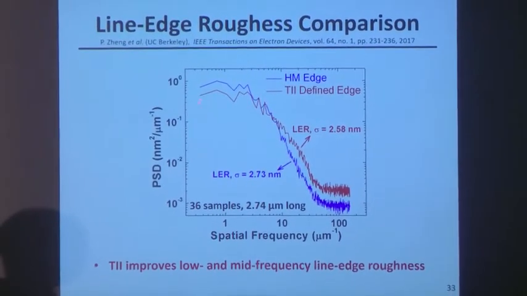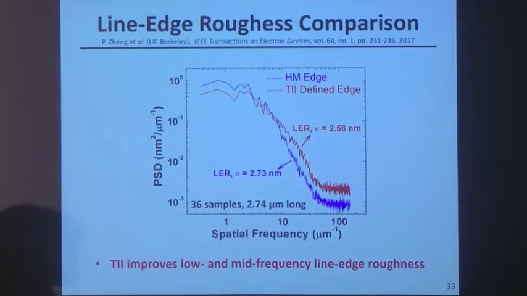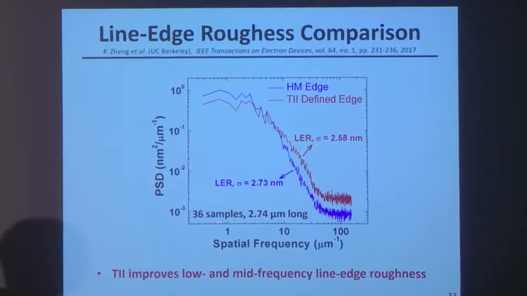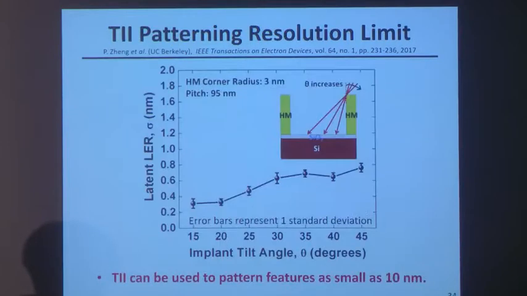So it turns out that the tilted ion implantation defined edge does show lower line edge roughness at the lower spatial frequencies. Sigma in this case is 2.58 nanometers, compared to the original line edge roughness of the hard mask, which is 2.73 nanometers. At higher spatial frequencies, because of the stochastic nature of the implant process, the line edge roughness is larger, but that doesn't affect the transistor performance.